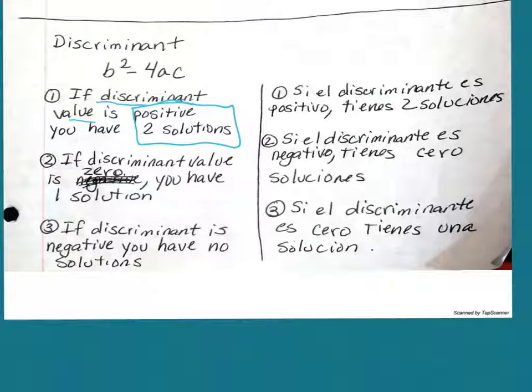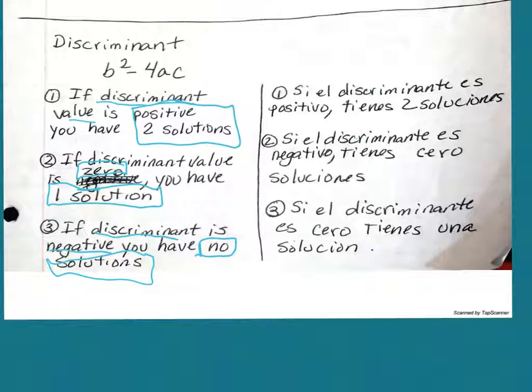That's going to be very important. The second one says if the discriminant value is a 0, then you will only have 1 solution. And the third part is if the discriminant is a negative number, then you will have no solutions, okay? At least no real solutions.